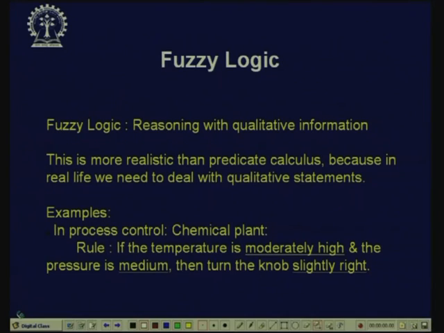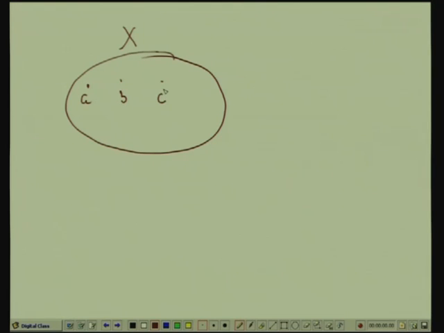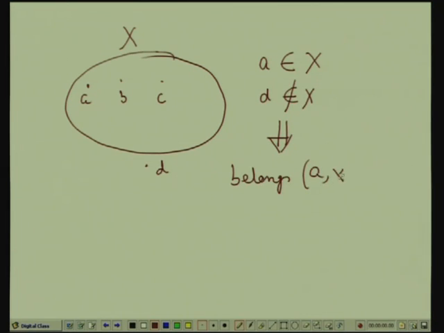So, when we say a particular set, say a set X in which there are elements A, B, C, then obviously we can say that A belongs to X, and suppose D is outside the set, D does not belong to X. So, this can also be expressed as a predicate: belongs(A, X), does not belong(D, X).